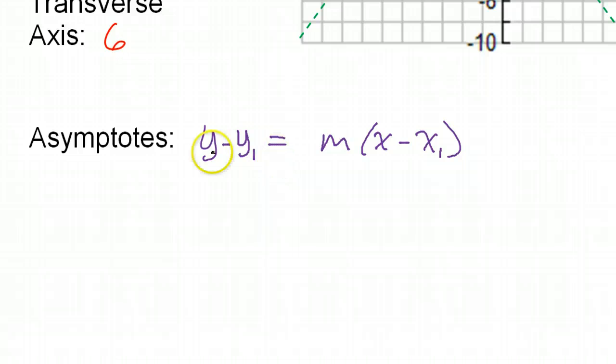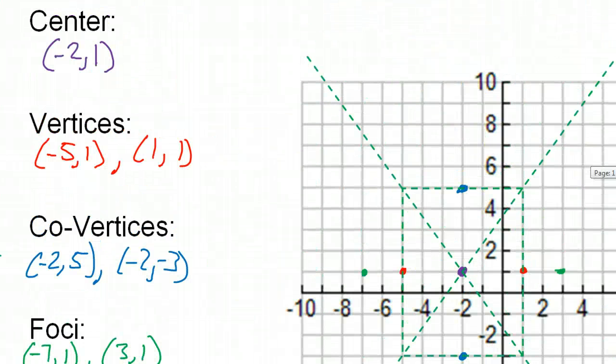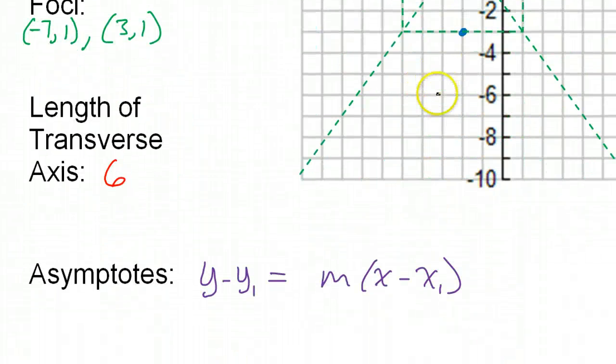This is called point-slope form because all you need is a point and the slope. Let's start with the slope. We can get the slope easily by looking from the center to the corner of the box, but picture it as a rise and a run. That would be up 4 over 3. So that slope is 4 over 3.